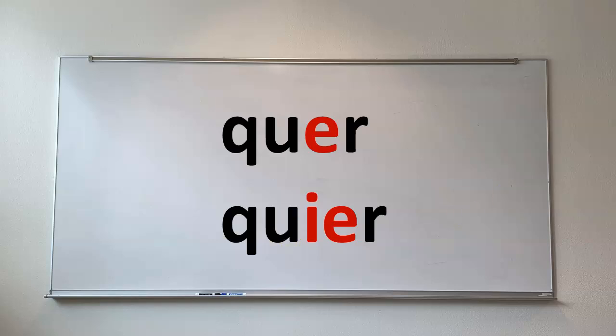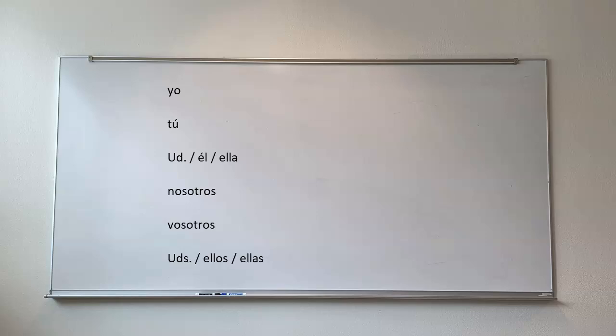That's why we call it a stem changing verb. So let's go ahead and see how this stem changing verb works in the present tense. Okay, so we're going to start with the subject pronoun I. So if I want to say I want in Spanish, notice that this form has the changed stem. So we use quier as our stem because it's a stem changing verb. Why?